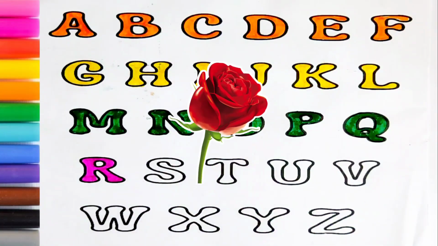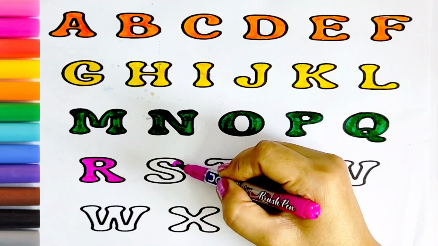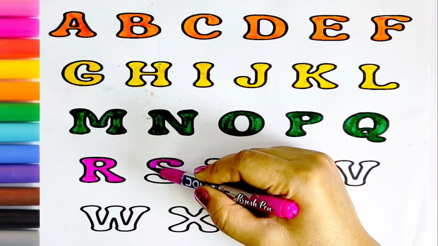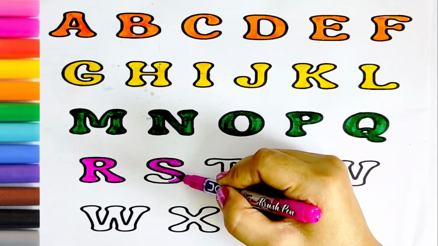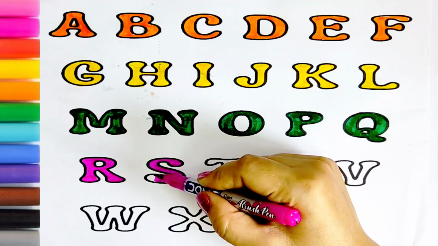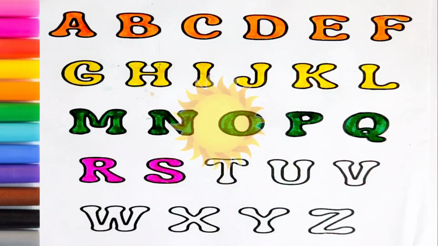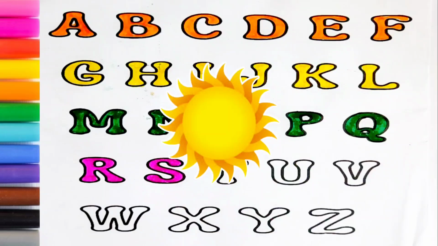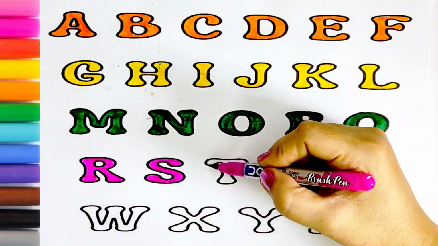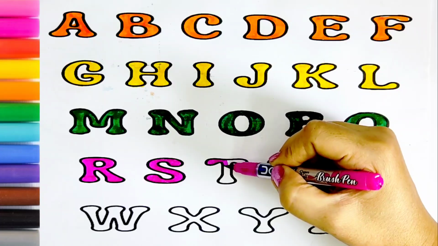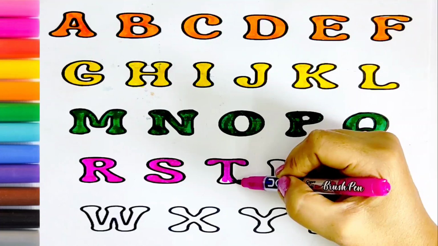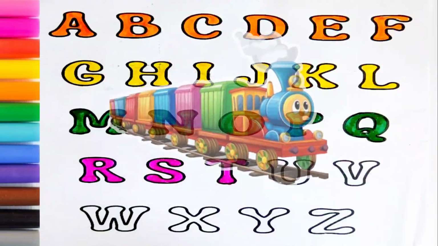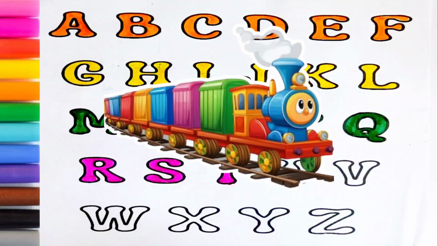R for rose. S, S for sun. T, T for train.